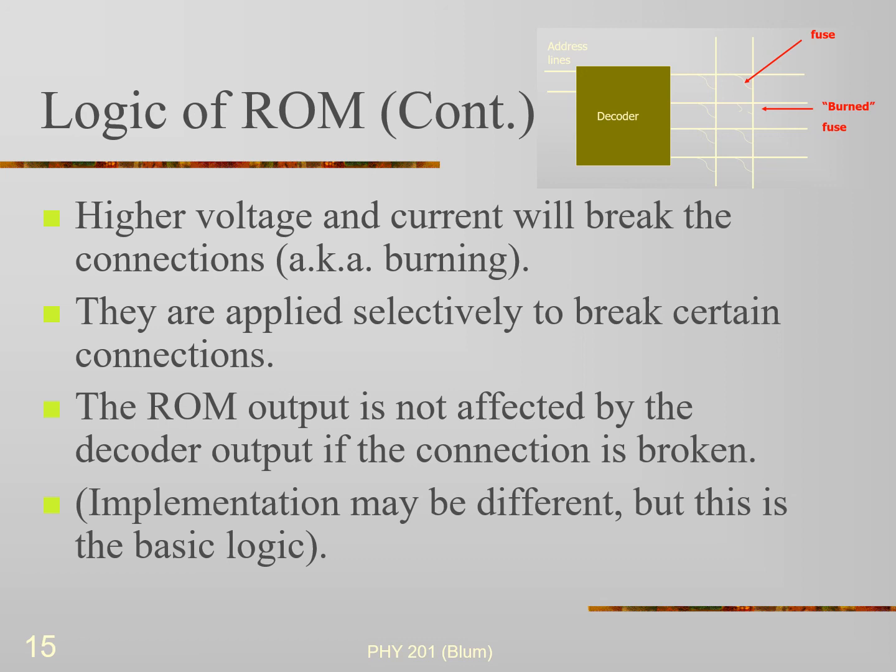And then under normal operations, the fuses don't change, so they will remain connected or not connected. So the information, once written, becomes semi-permanent. And this is the basic idea of ROM. So it may not be a traditional fuse, but something fuse-like. This is the logic of ROM.